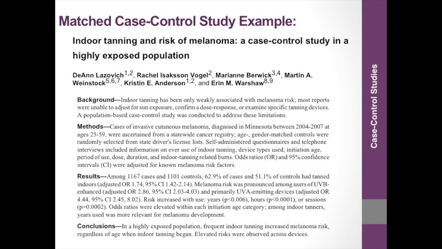Age and sex matched controls were randomly selected from the driver license lists, and self-administered questionnaires and telephone interviews included information about the use of indoor tanning, what type of devices were used, the initiation age, the dose, duration, and the presence of indoor tanning related burns. The odds ratios and 95% confidence intervals were adjusted for non-tanning melanoma risk factors, and finally the authors found that frequent indoor tanning increased the risk of melanoma.